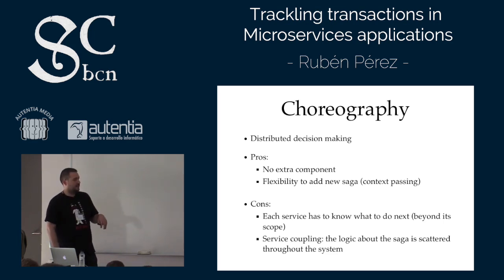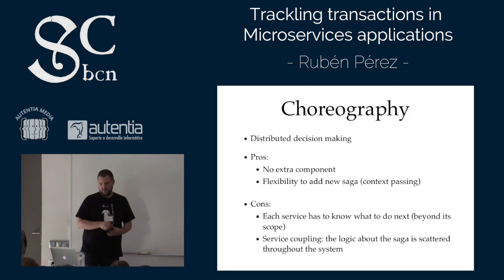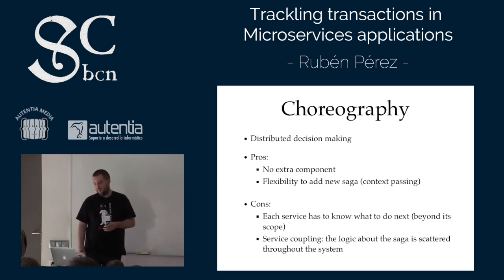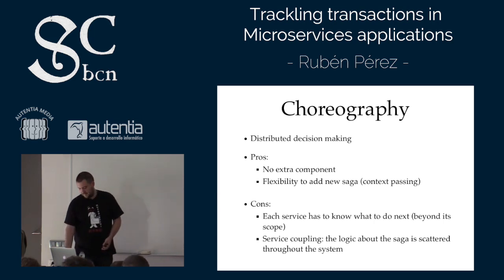Each service has to know what to do next, and yet that's beyond the scope that it should have, because we are breaking a single responsibility principle here. And also we are increasing service coupling, because the logic about the saga is scattered throughout the system. So as always, it's a trade-off.